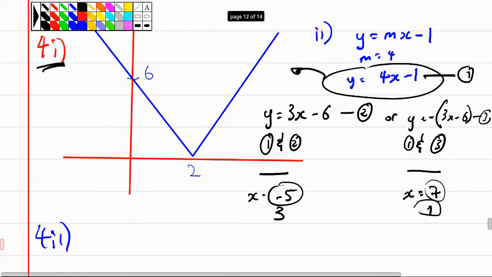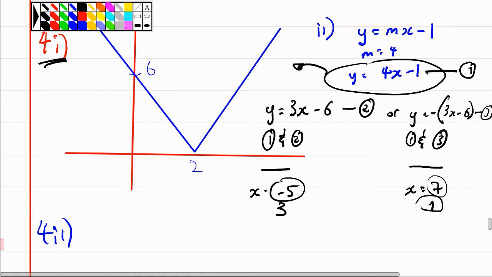So let's solve this together. 4x minus 1 equals 3x minus 6. Bring over. x equals -5. Oh God, the other one. 4x minus 1 equals minus 3x plus 6.